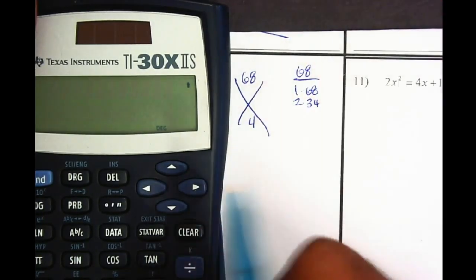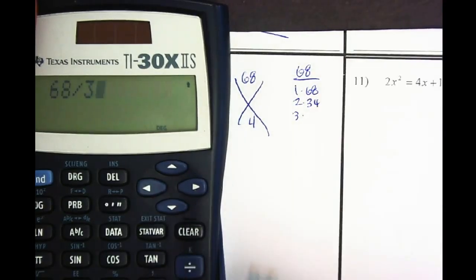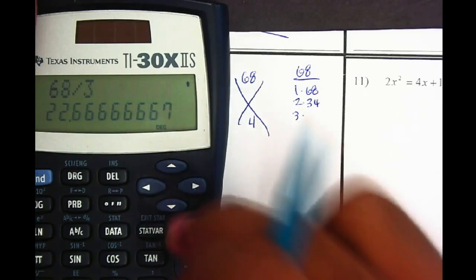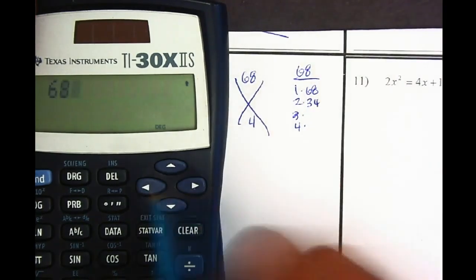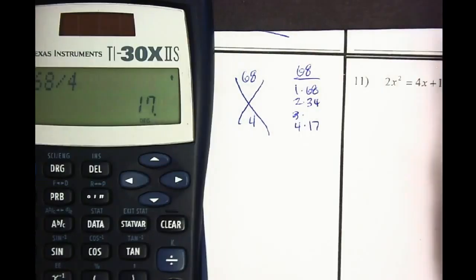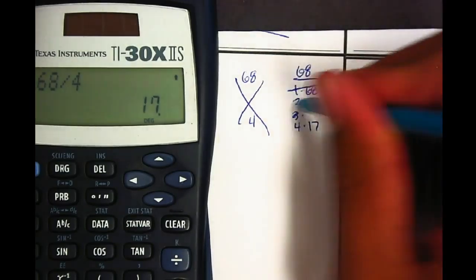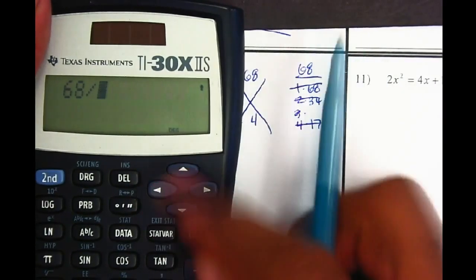And then let's see. Can I do 3 divided by 68? No, 3 doesn't work. So let's try 4. 68 divided by 4, 17. I can't really make 4 with 17. I can't divide 5. I know that's not going to work.